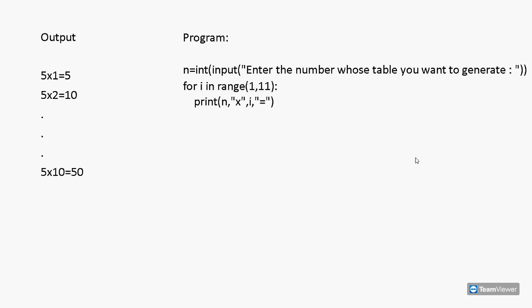So we can display that value by giving n star I as the argument to our print function. So the print command becomes print n into I equal to n star I, where into and equal to are given as strings to the print function. So this is the program, and let us see this in Python ideally now.